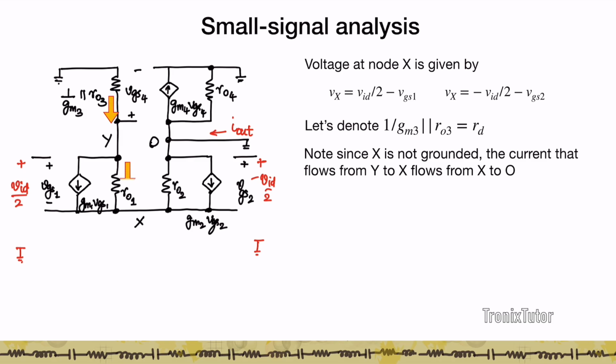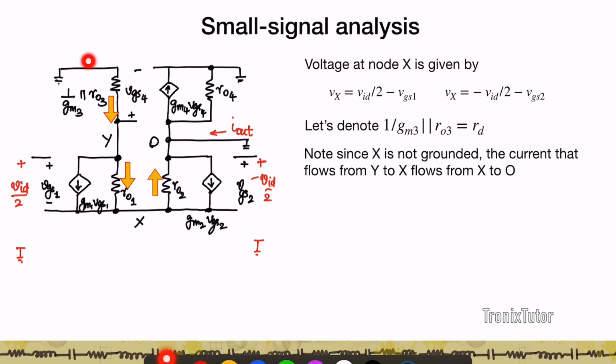Now, let's look at the current flows in the circuit. Remember, this is an AC ground, and this is an AC ground, which means that any current flowing through this resistor RD has to flow through the combination of these two paths before it hits signal ground.